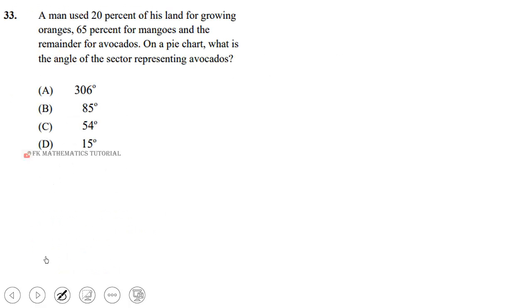Then let's look at 33. A man used 20% of his land for growing oranges, 65% for mangoes, and the remainder for avocados. On a pie chart, what is the angle of the sector representing avocados? So 20 plus 65 is 85. So 15% is left when we take it from 100%.